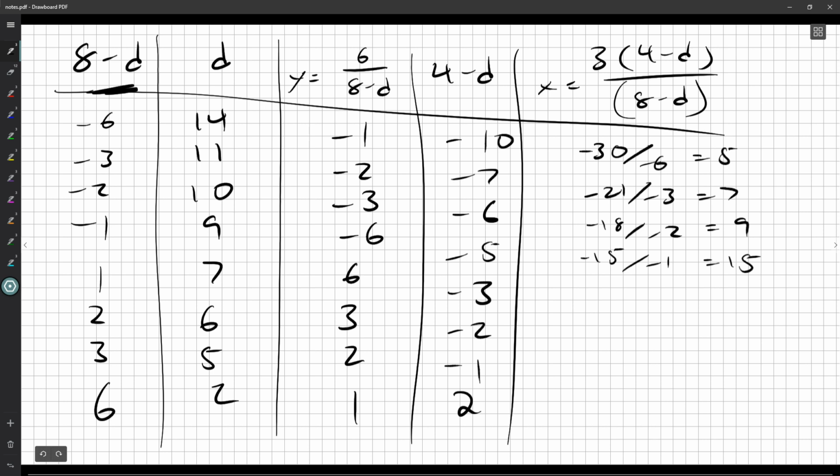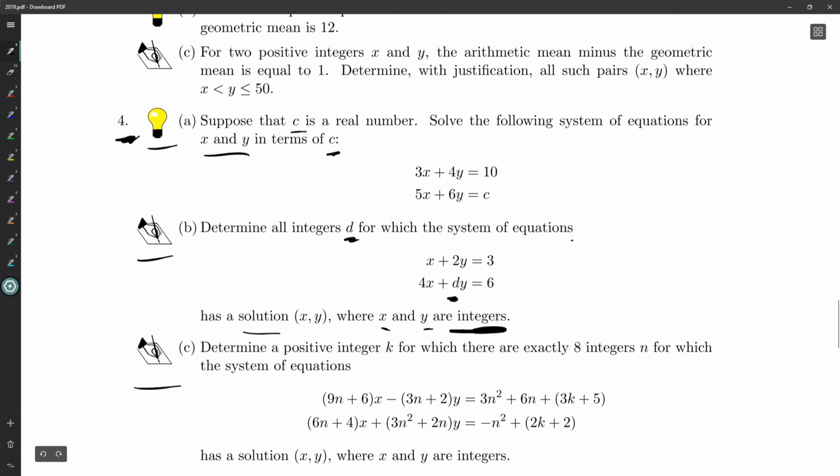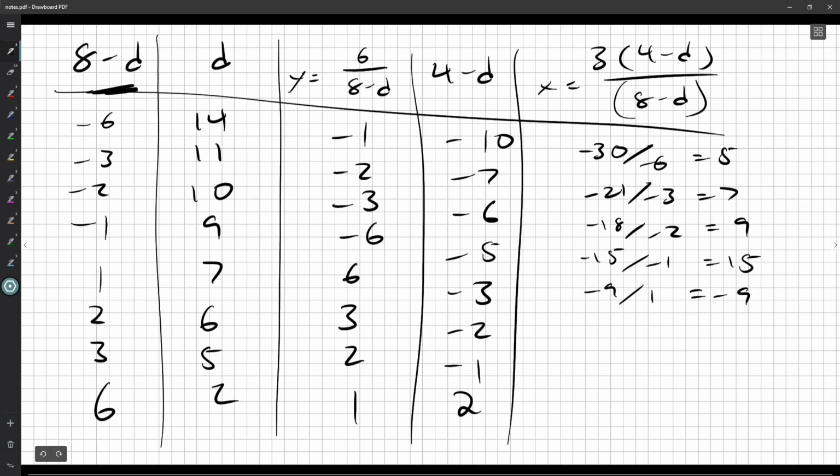Might be that all of these work out. -9 divided by 1. x is -9, but they didn't say positive integers. They just said integers. -6 divided by 2. It's going to be -3. -3 divided by 3 is -1. And then 6 divided by 6 is just 1.